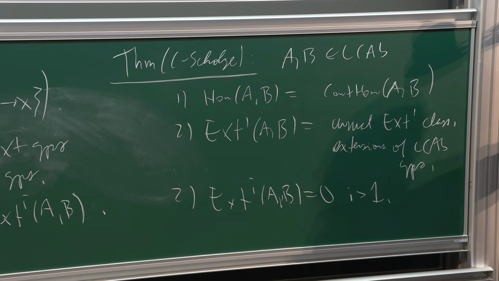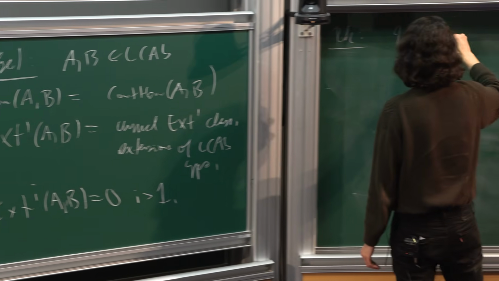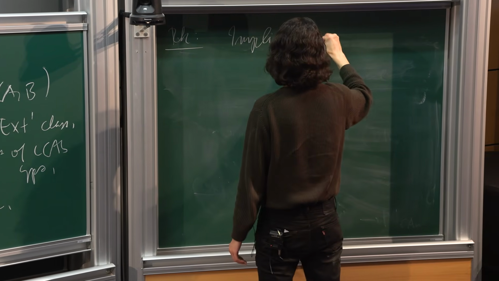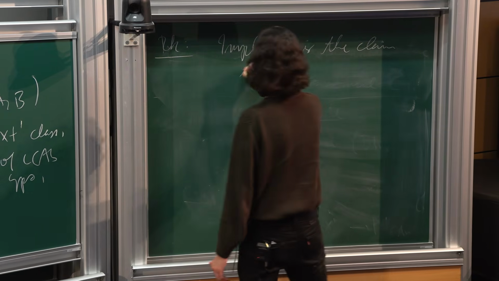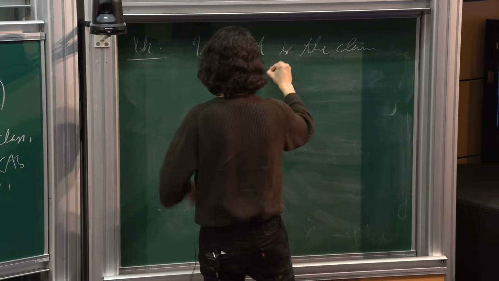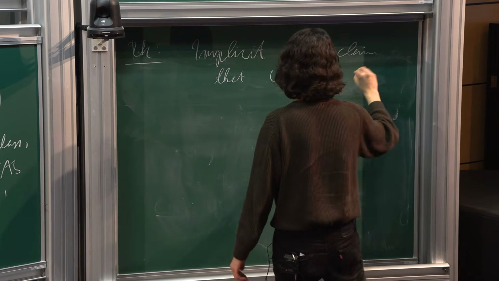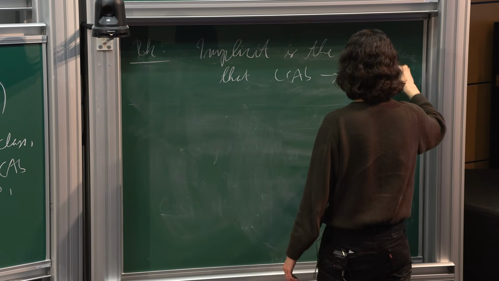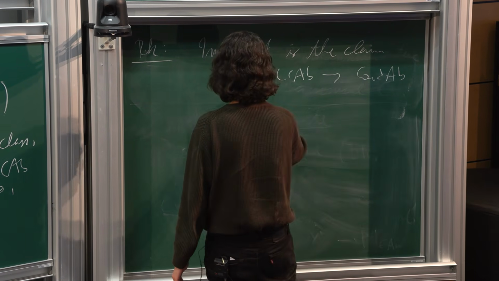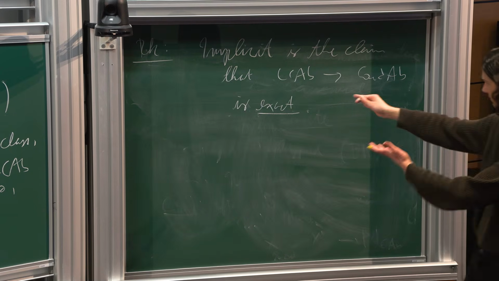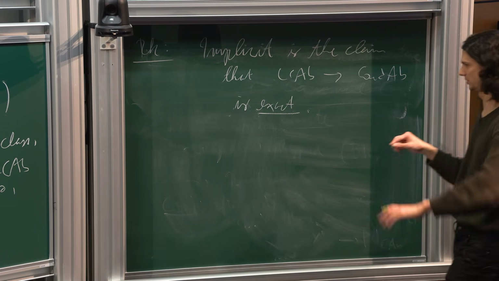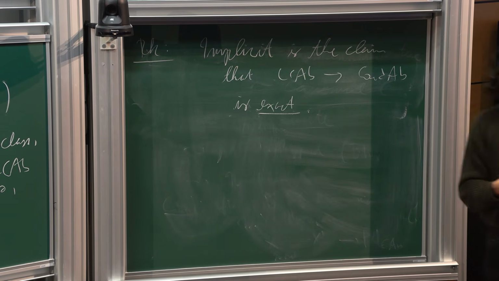There are several remarks to make. Implicit here is the claim that the functor from locally compact abelian groups to condensed abelian groups is exact. So if you have an extension of locally compact abelian groups in the usual sense, then it's also an extension in condensed abelian groups.